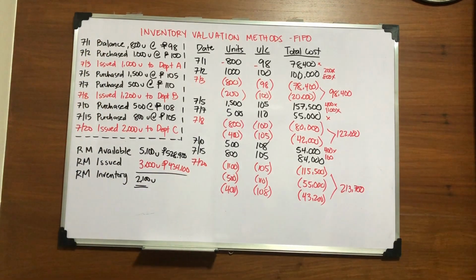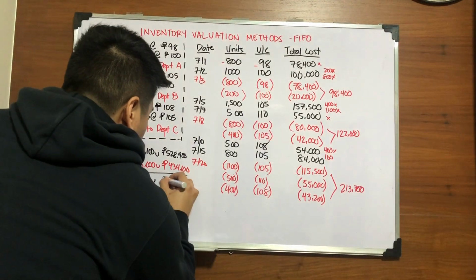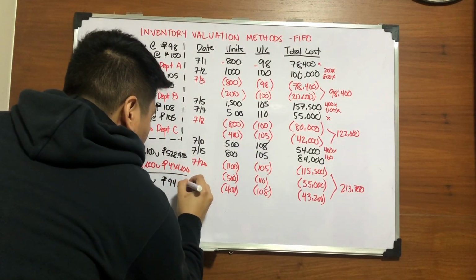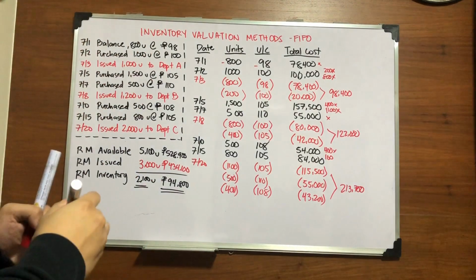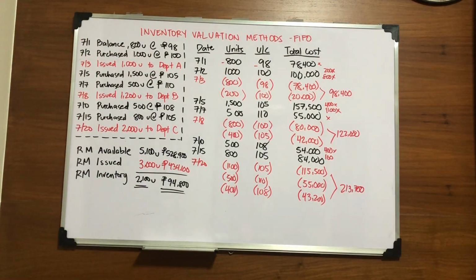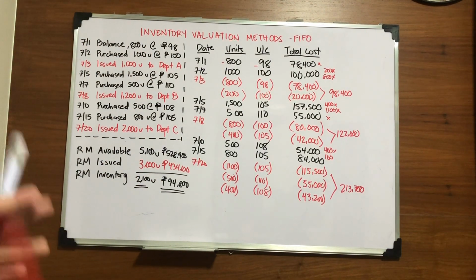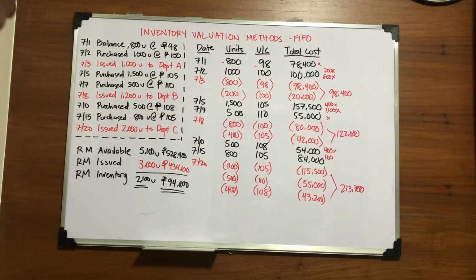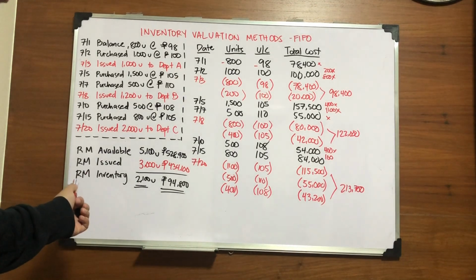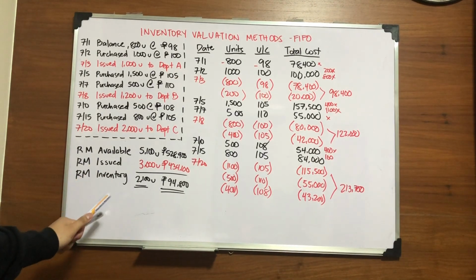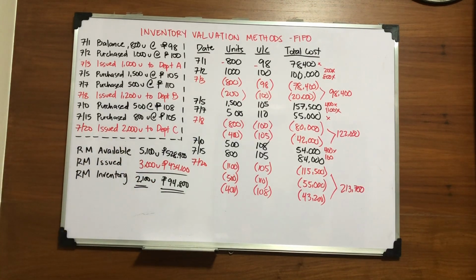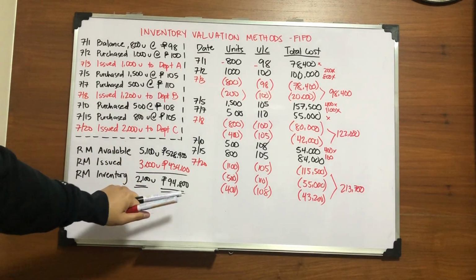And for your peso amount, subtract 528,900 less 434,100, you'd get 94,800. So whatever happens, for FIFO, under perpetual inventory system and periodic inventory system, your raw materials inventory ending would always be the same.